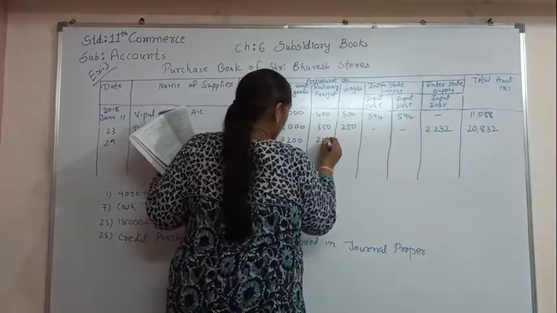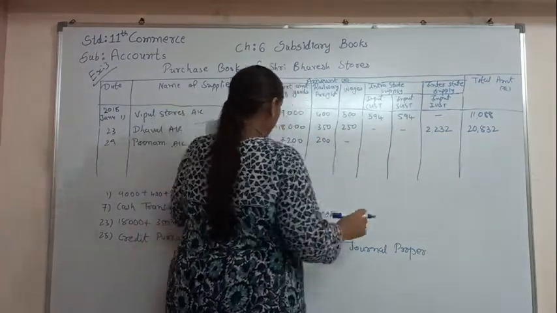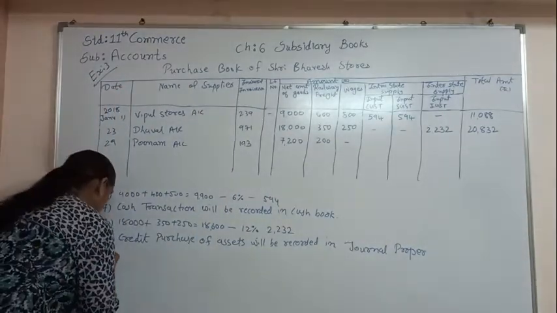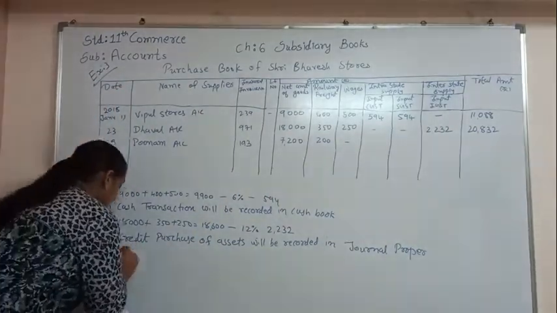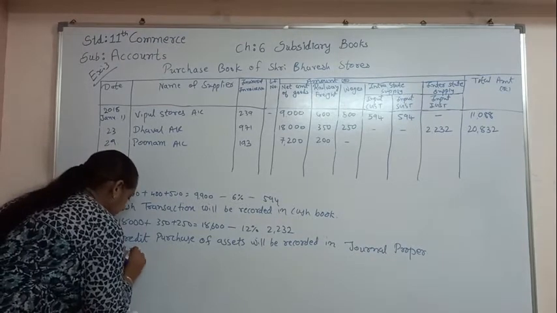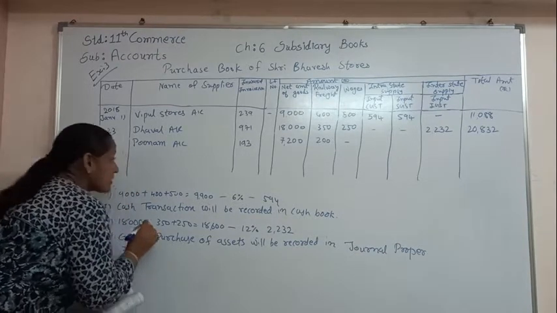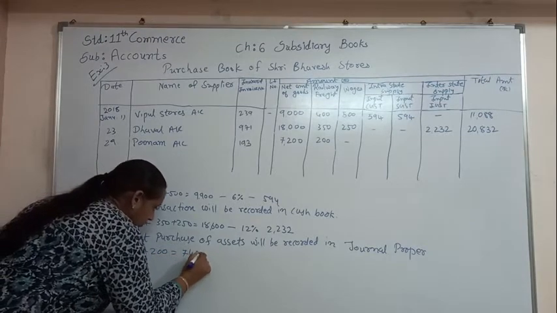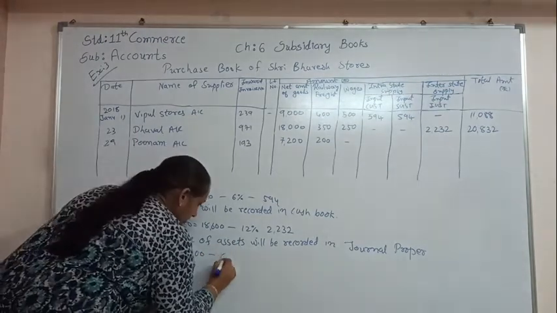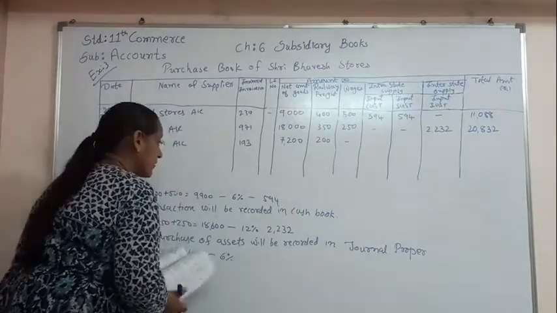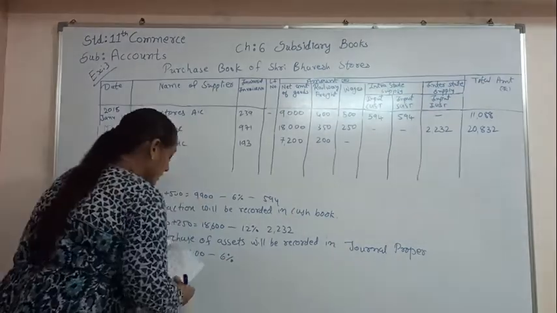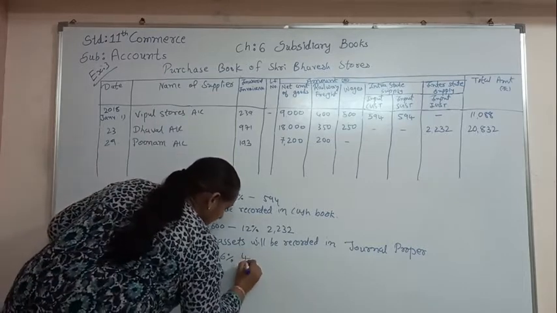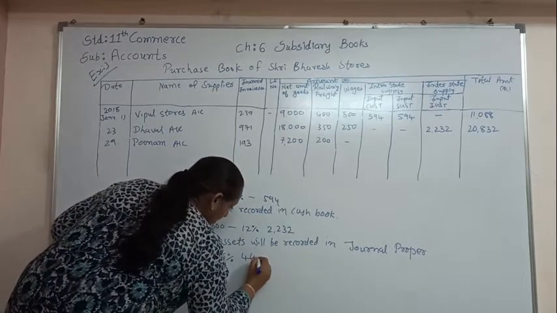So now we have to find out input CGST, input SGST. For that, let's say 7,200 plus 200. So the total will be 7,400, and we have to find out input CGST and SGST at 6%, and 6% of 7,400 will be 444.